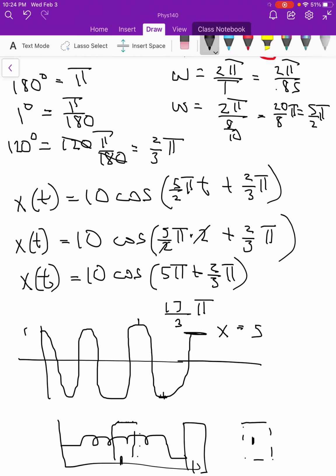I know that probably isn't drawn right, but right here, this is going to be x equals 5. And I know that I'm moving to the right. So my x is going to equal 5 centimeters, and it's going this way. So if this is my equilibrium, my new spot is right here in between at x equals 5, and it's moving to the right.